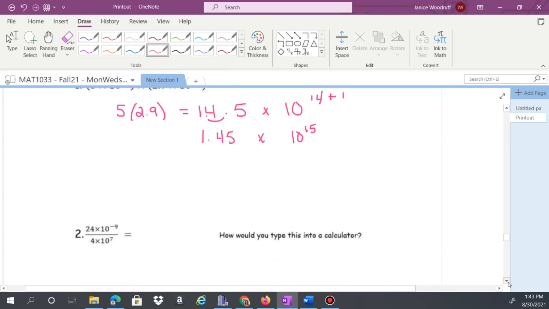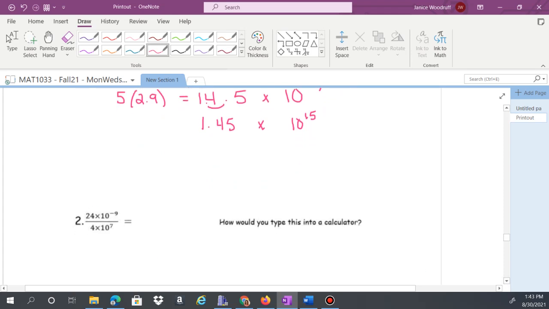And then here we have 24 divided by 4, which is just 6. And then times 10, and this would be -9 minus 7. So subtract top to bottom. So that would be -16.